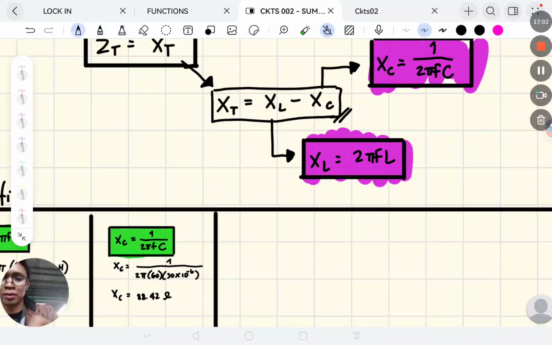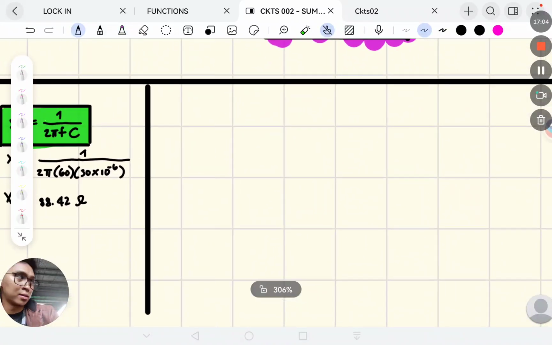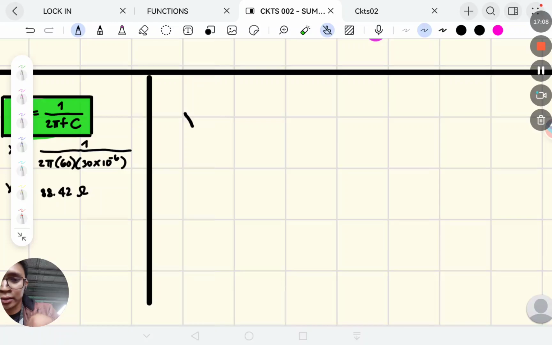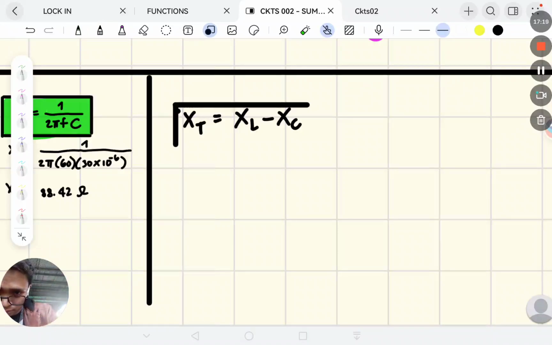Next, find the net reactance. X total again is the inductor minus the capacitance. Yan po yung formula dyan.